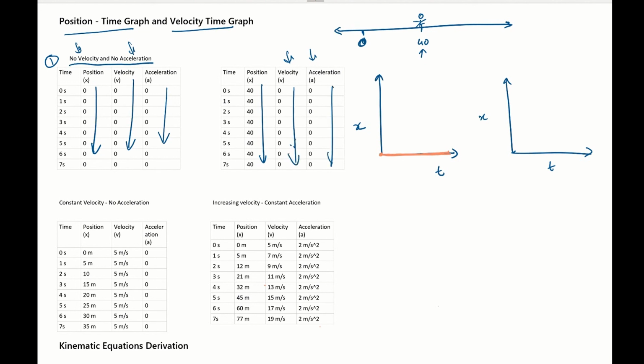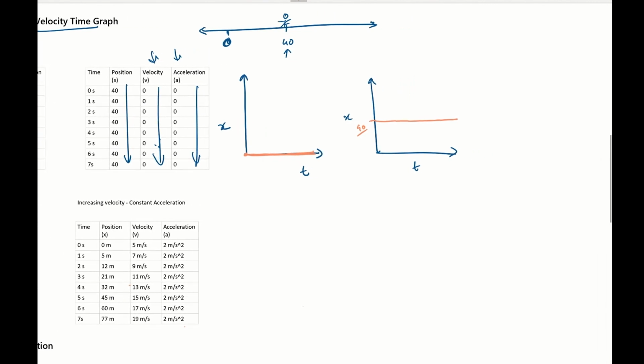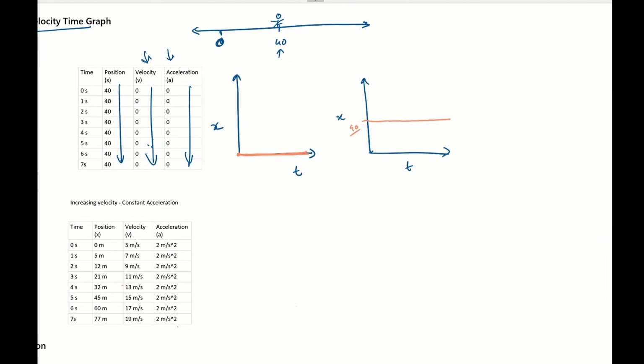The velocity is again 0 and acceleration is 0 as well. So how would the position time graph look under this scenario? Well, at 40 you have a constant line showing that the position is not changing, and it is at 40 meters in our frame of reference.